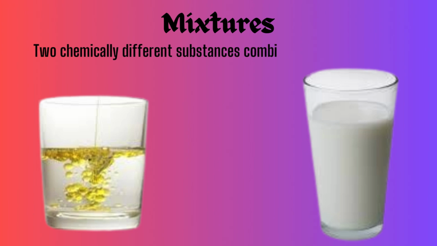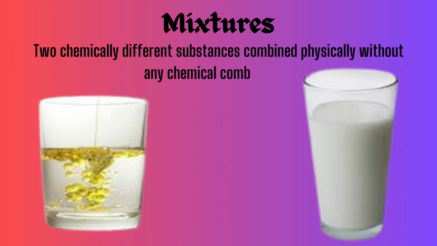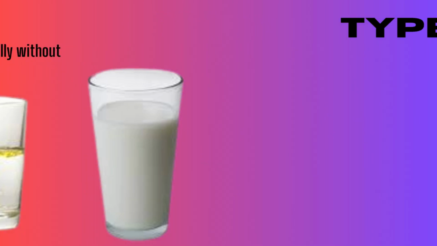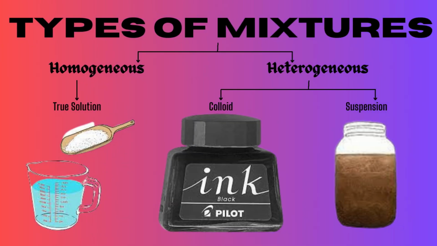Adding to the list, mixtures are two chemically different substances combined together physically. These mixtures are classified into solution or homogeneous mixture, colloidal solution, and suspension, of which the latter two are together collectively called heterogeneous mixtures.